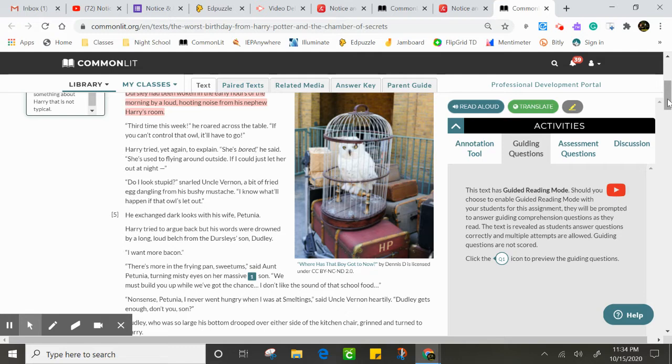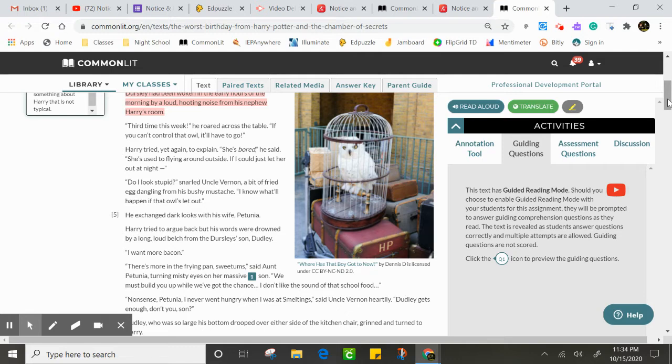Third time this week, he roared across the table. If you can't control that owl, it'll have to go. Harry tried yet again to explain. She's bored, he said. She's used to flying around outside. If I could just let her out at night. Do I look stupid? Snarled Uncle Vernon, a bit of fried egg dangling from his bushy mustache.